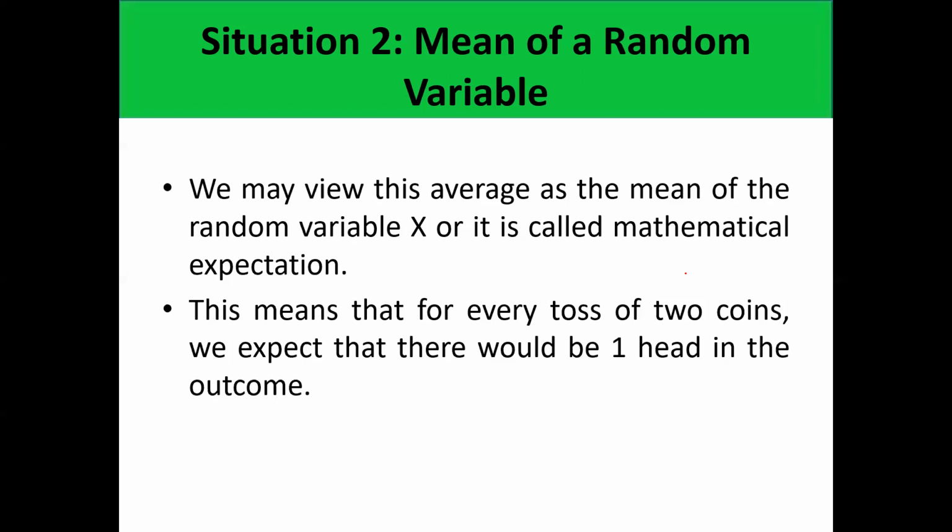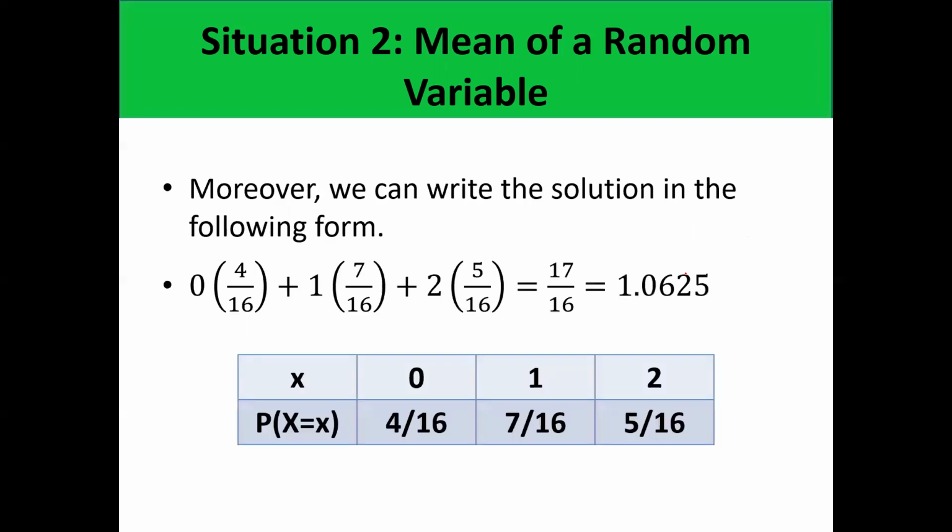So the mean of the random variable x is called the mathematical expectation of x. So in our example, the 1.0625, again, as I said earlier, is the expected number of heads whenever we toss two coins. So therefore, we expect always that there would be one head in the tossing of two coins.